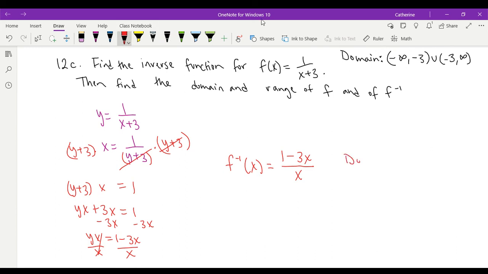And for this inverse function, the error value is 0, so the domain would be negative infinity to 0, union 0 to infinity.